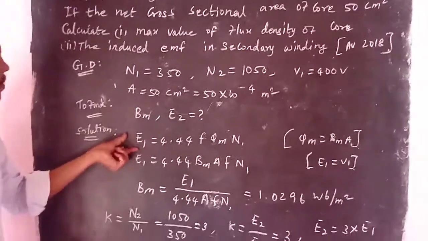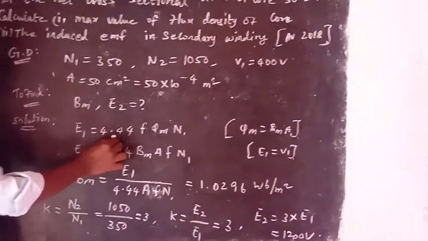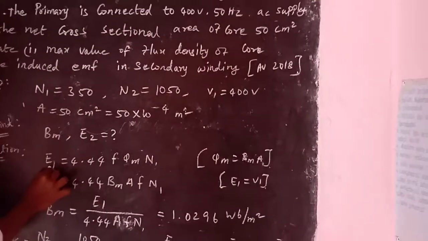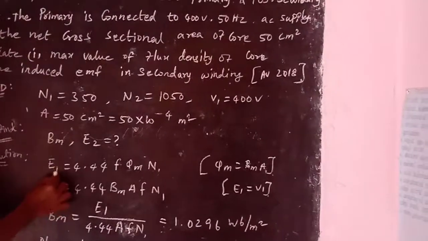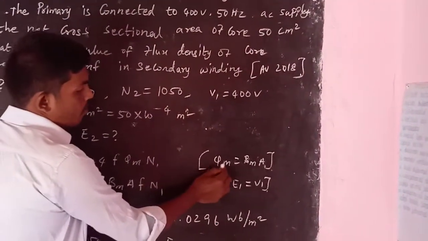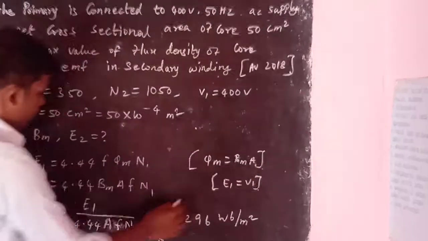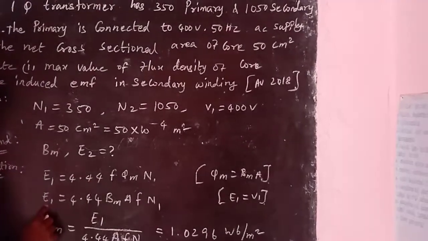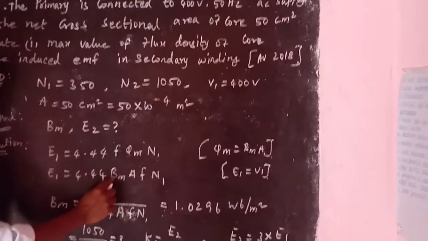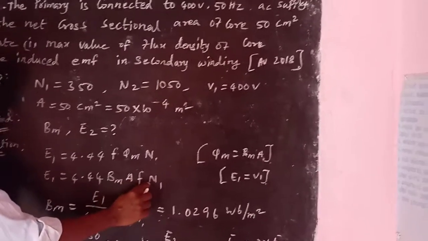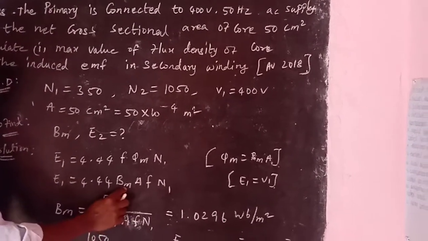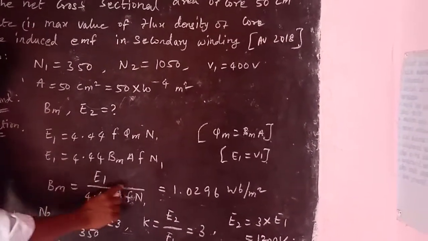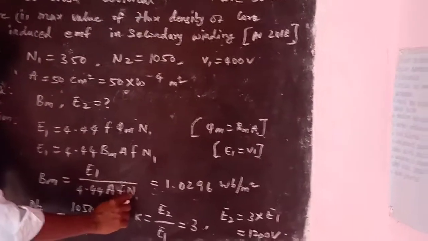Using the general EMF equation, E1 is equal to 4.44 into f into phi maximum into N1. This is the primary EMF equation. Phi maximum is equal to B maximum into A, so putting this in, E1 is equal to 4.44 into B maximum into A into f into N1. From this, the flux density B maximum is equal to E1 divided by 4.44 into A into f into N1.